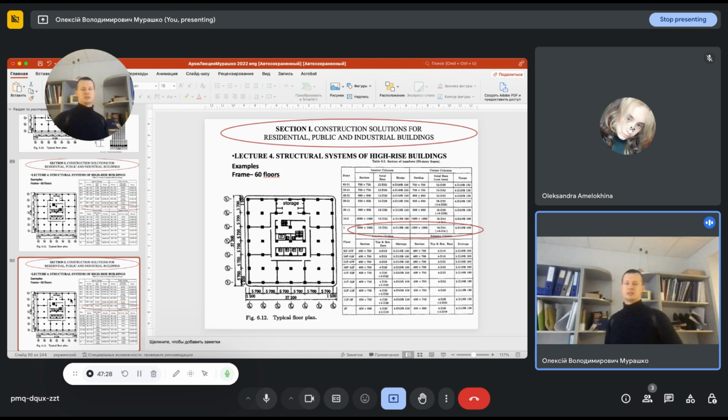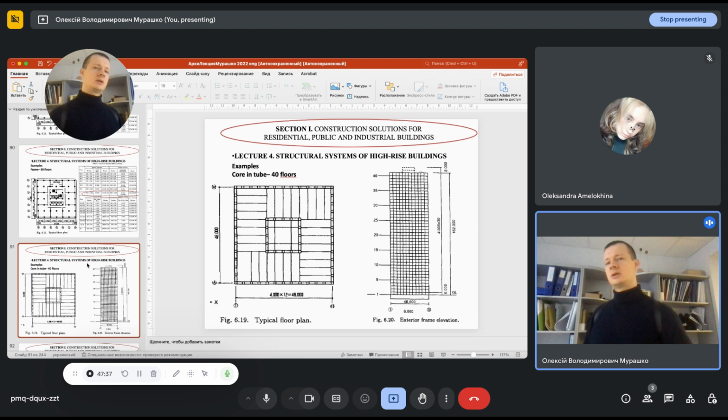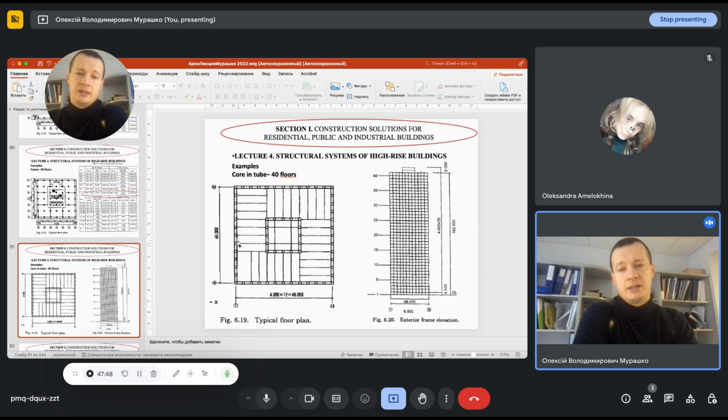And here you can see the cross section of the frame building, and here is the core in tube building. It also has 40 floors, but in this case we are dealing with big spans. It is 48 meters, so the distance between these and this wall is 16 meters, and it has been built in this way.